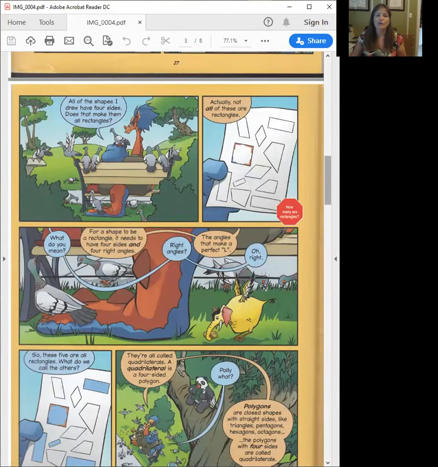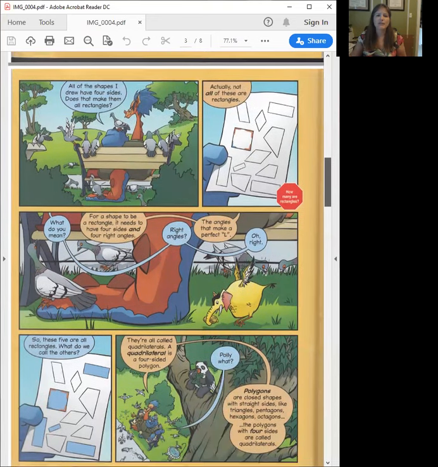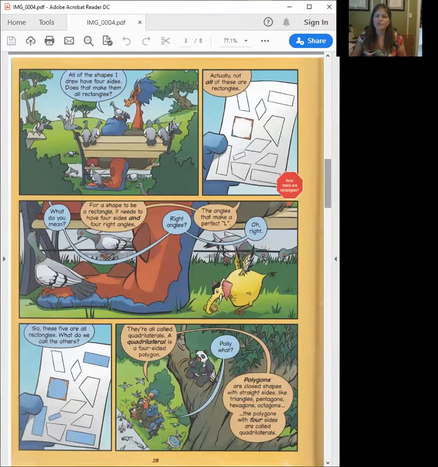All of the shapes I drew have four sides. Does that make them all rectangles? Actually, not all of these are rectangles. Stop sign. How many are rectangles? They haven't really defined rectangles entirely, have they?